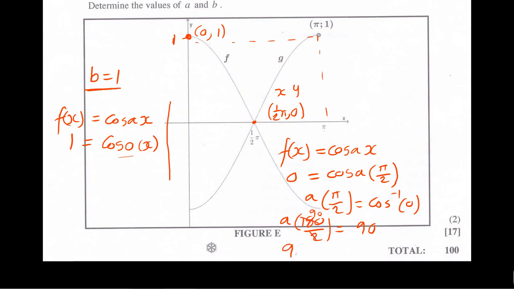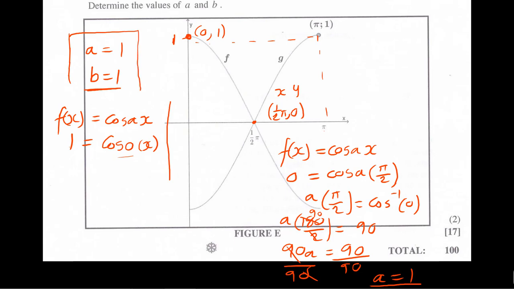So you have got 90a is equal to 90. You divide by 90, you divide by 90. So you've got now your a is equal to 1. So in this case, a is equal to 1 and b is equal to 1 are the answers to this particular question.